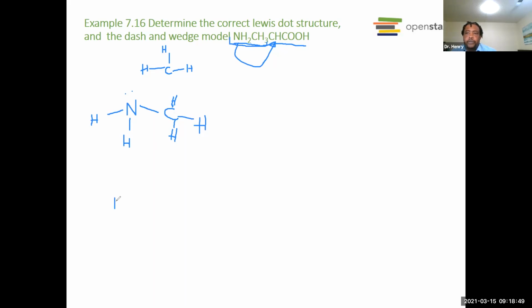So then in actuality, we have this carbon. It has 1 hydrogen attached right here. Then it's attached to another carbon that is terminal. That's why it would have 3 hydrogens.